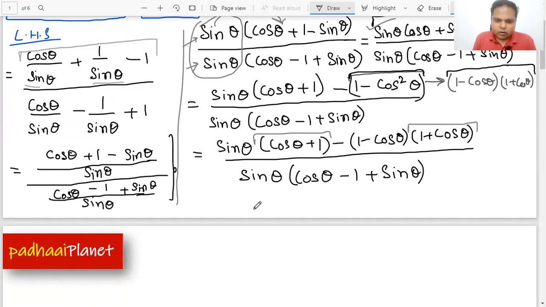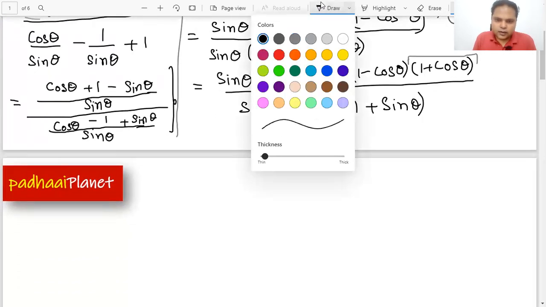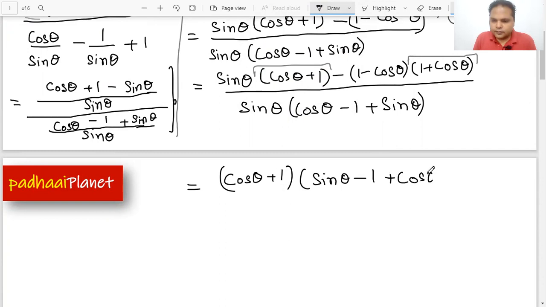So let's take that common, and once we take it common, we get cos theta plus 1, because this is what we have taken common, and we get sine theta minus 1 plus cos theta, correct?